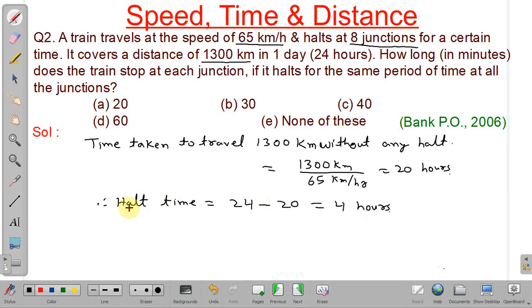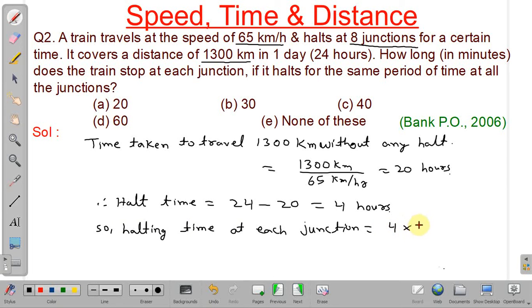Now we have to find the halting time at each junction. So halting time at each junction is equal to total halt time, that is 4 hours.